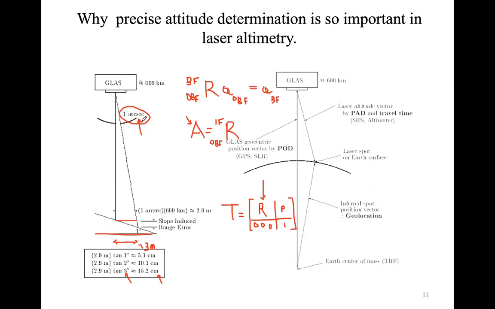That is fundamental. The main point here is that we need to design the attitude control system taking into account the requirements of the instrumentation. That's an important point. I hope this explains what I meant before.